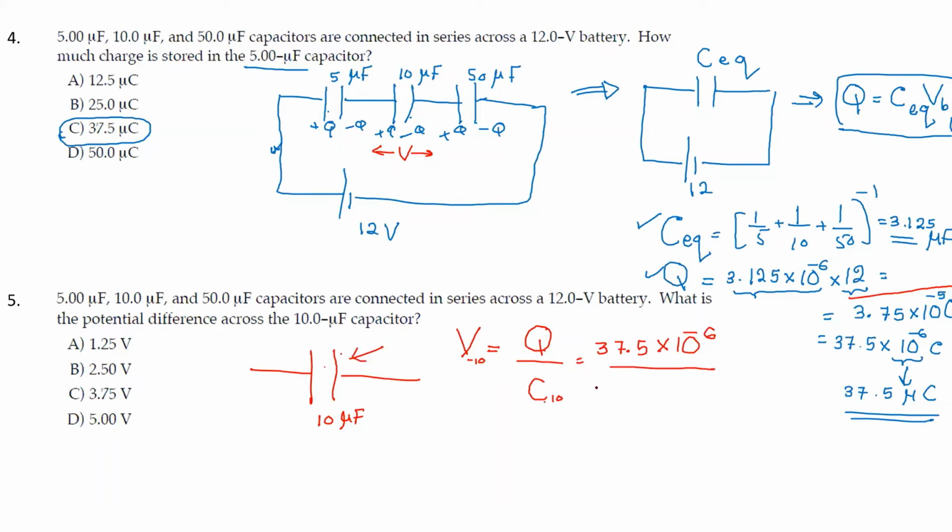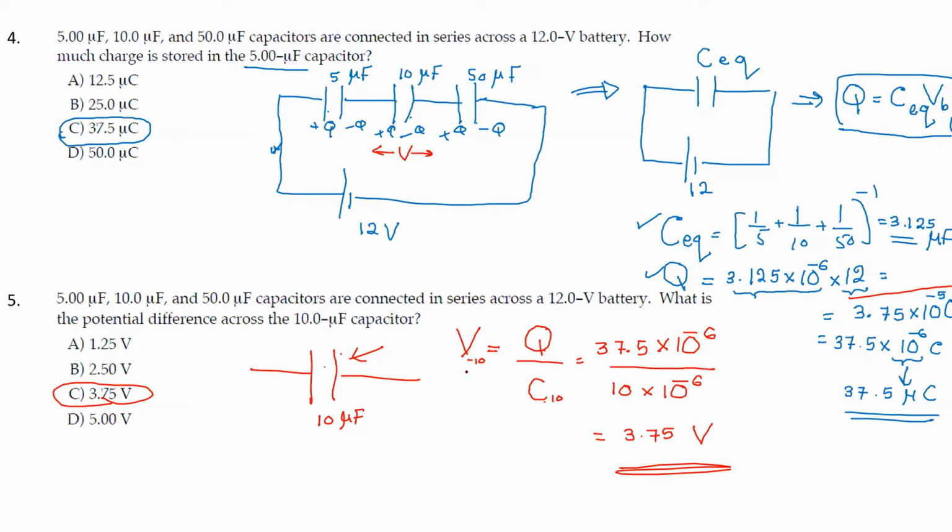And the capacitance is 10 microfarads, right? 10 to the negative 6 farads. So when we divide it, we get 3.75 volts. So your answer is C. So all of you got that answer. Easy, right?